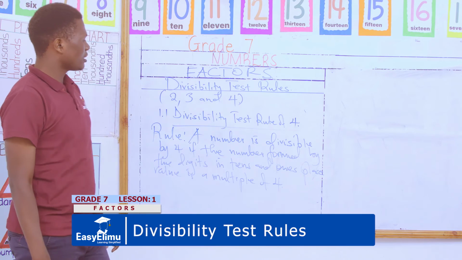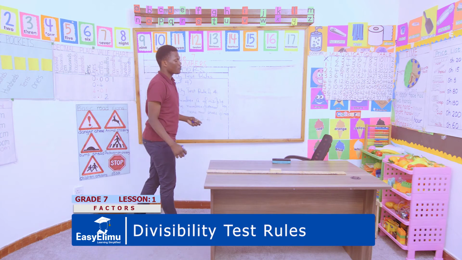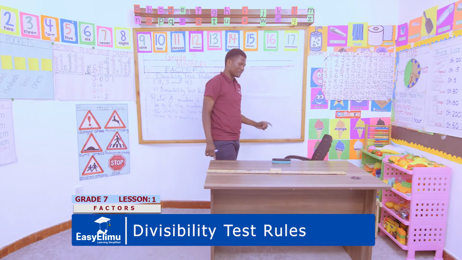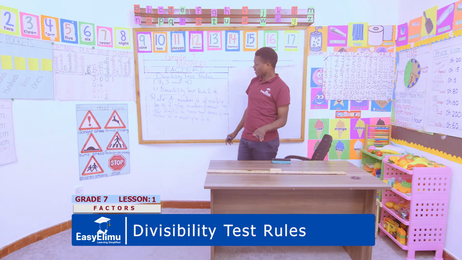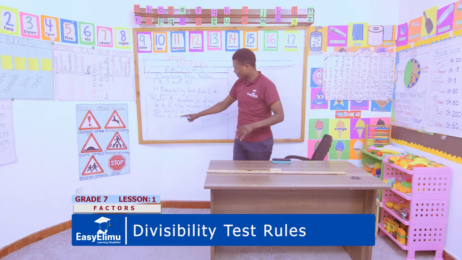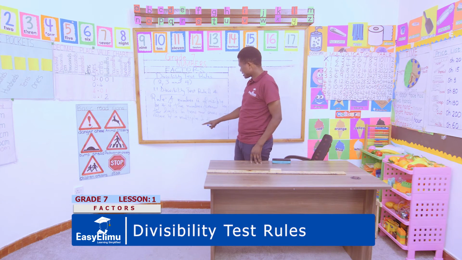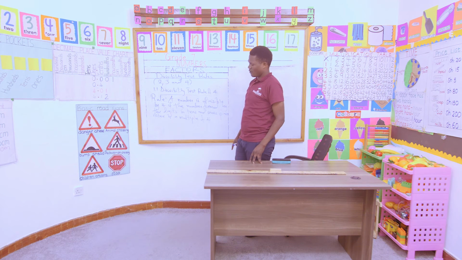So a number can only be divisible by 4 if and only if the number that is formed by the digits in the tens and ones place value is a multiple of 4.